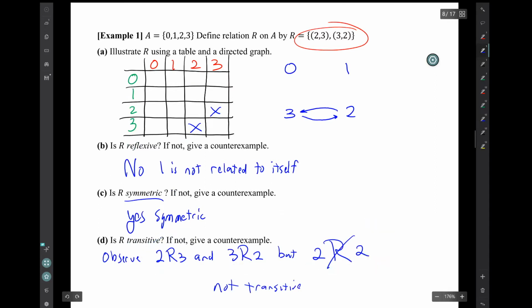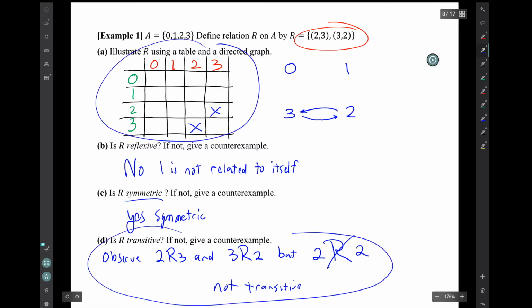Now, how does that look in our illustrations? I don't actually have a good way of pointing that out in this table. But I will point this out. Notice that there's a path from 2 to 3 and then back to 2. So that's like a broken path. You could think about that as like if you're booking a flight on an airplane. That's a flight with a connection.